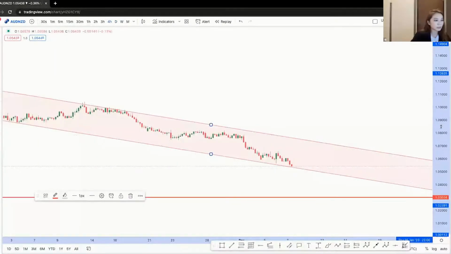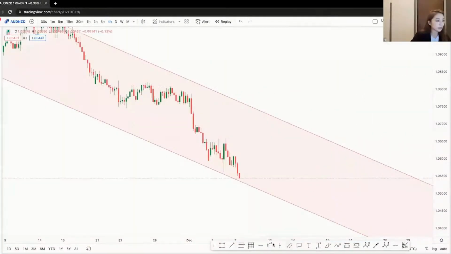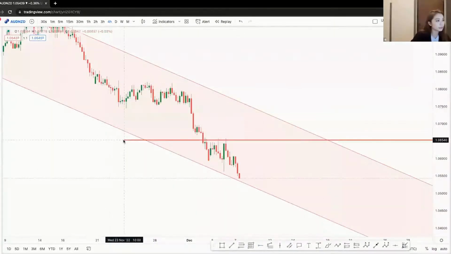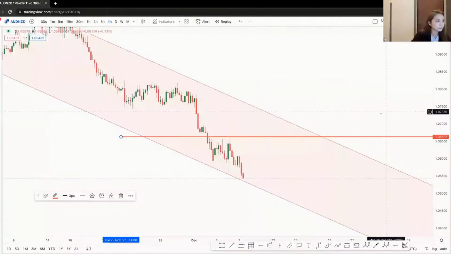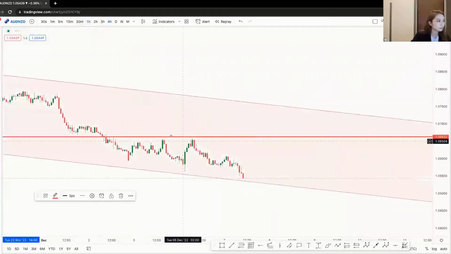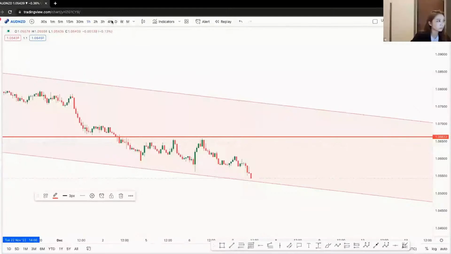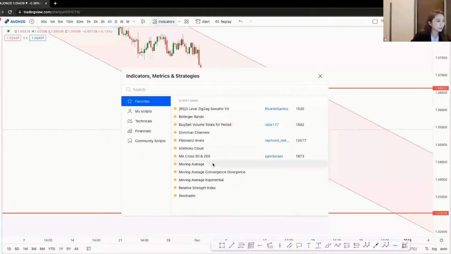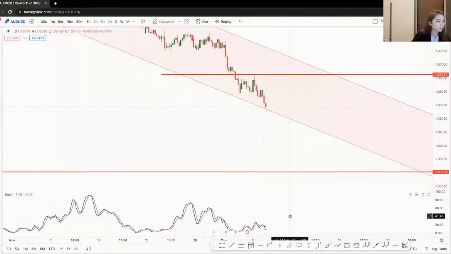So look at H4. I would say even though it is a downtrend, it is looking at a possibility of short-term recovery, short-term retracement. Let's take out stochastics first because I want to see is there any chance of divergence.